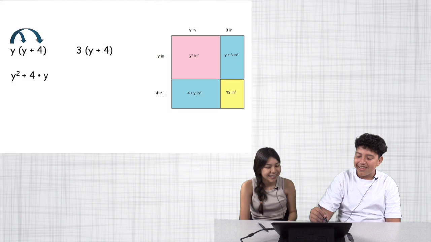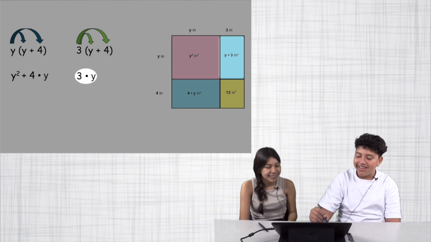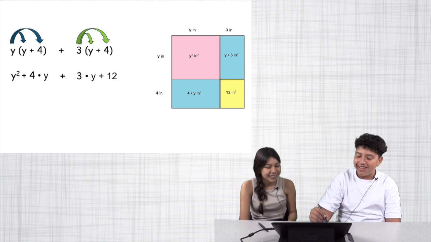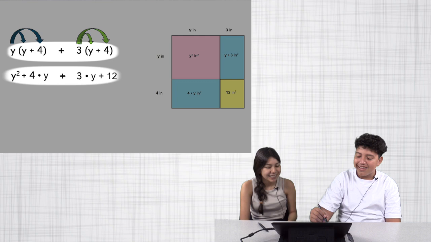Distributing the 3 to the y and the 3 to the 4 gave them the missing areas of 3 times y inches squared and 12 inches squared. When combined, both expressions represent the area of Noah's rectangle.